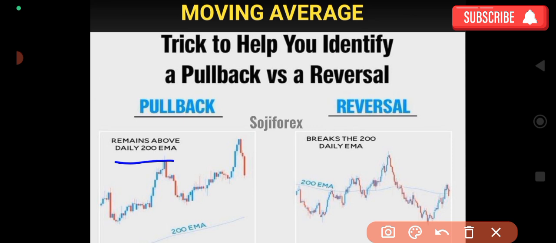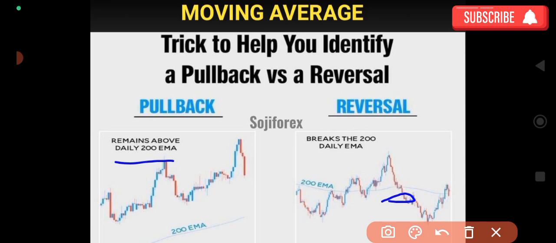Until price breaks and closes below it, we are still in a pullback. So whatever price does above the 200 EMA is a pullback. But once price breaks through it to the downside, just as we are having here, it becomes a reversal, which is a change of trend.